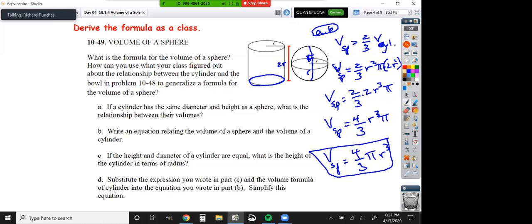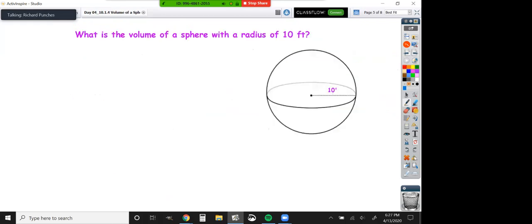So you're going to cube the radius, multiply it by pi, and then take 4/3 of that. This is the formula for the volume of a sphere. So to make it nice and clean, we know this. The volume of a sphere is 4/3 r cubed pi.